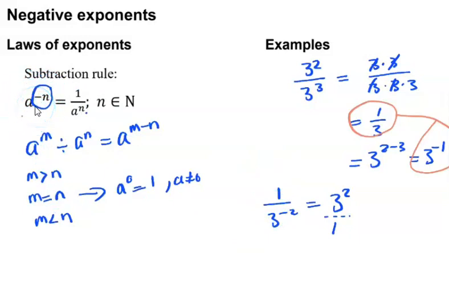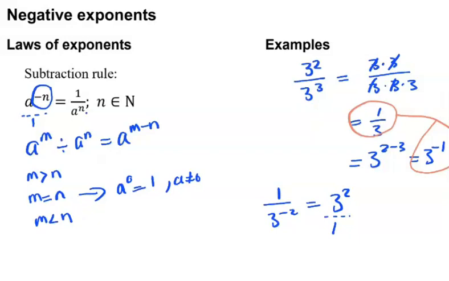Remember that we can write that as over 1, and then I take the negative in and make it positive there. But it just comes from this subtraction rule. It's exactly the same rule. It's not a new rule. It's just this situation where we have m less than n.